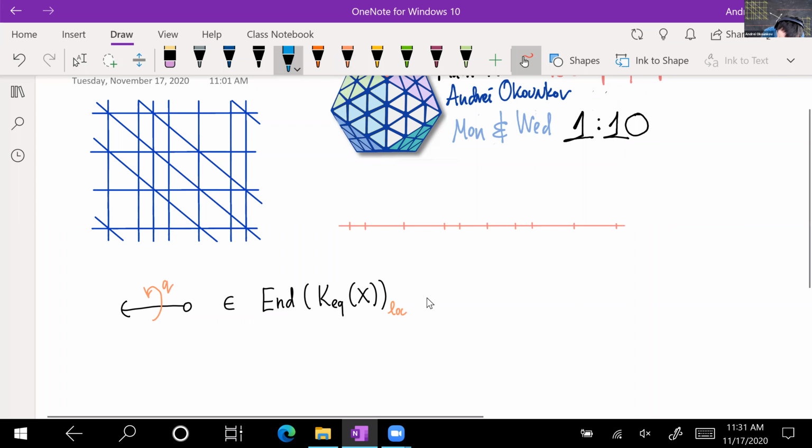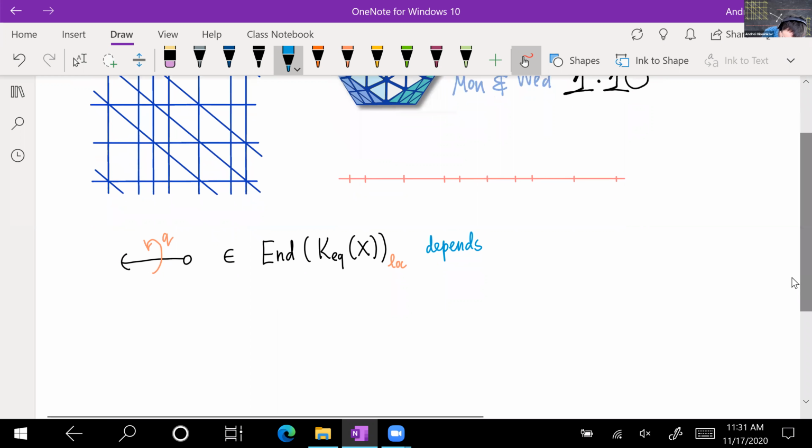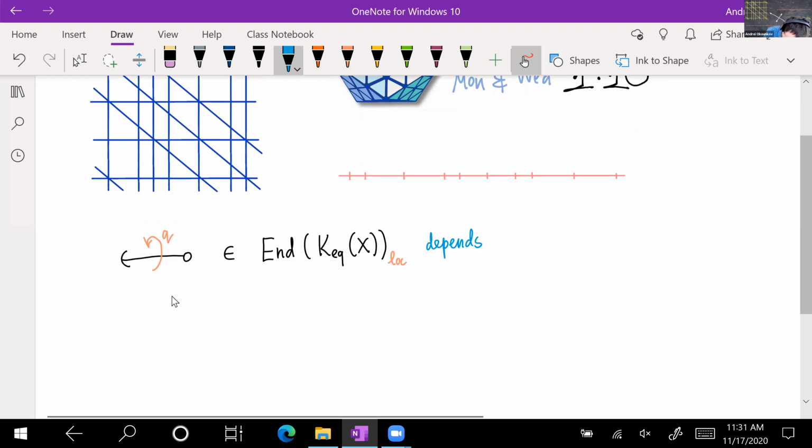And so this depends on two kinds of variables. First, the current variables.